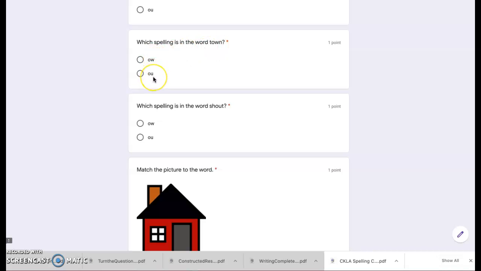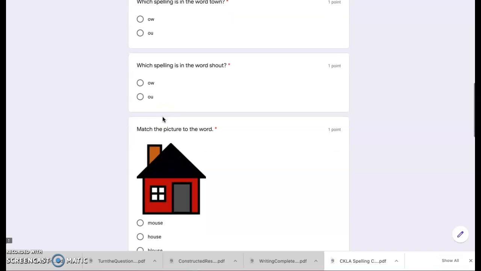O-W or O-U? Which spelling is in the word town? The next one, which spelling is in the word shout? O-W or O-U? Which spelling is in the word shout?